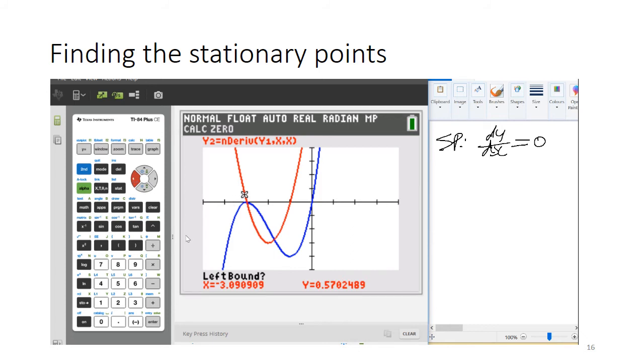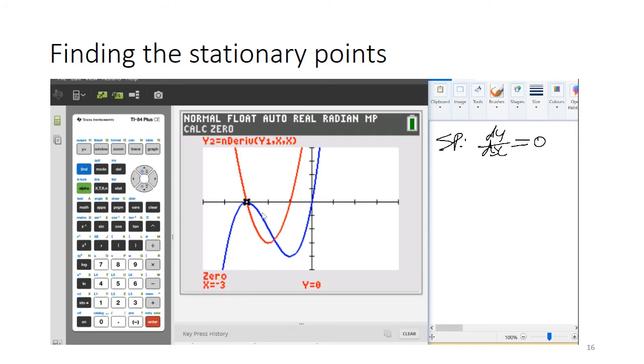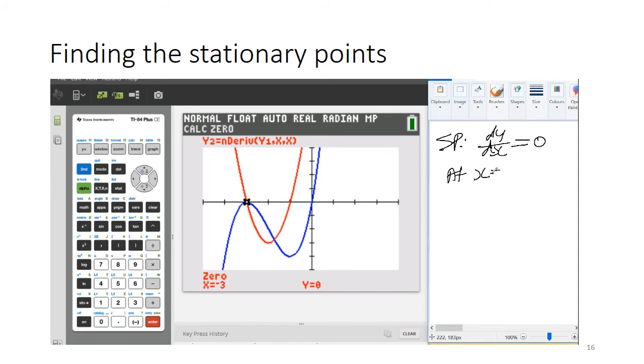Okay, it's at this point. Press enter, and the right bound of this point, press enter. The guess will be around there. Okay, so we know the first stationary point would be at x equals -3.